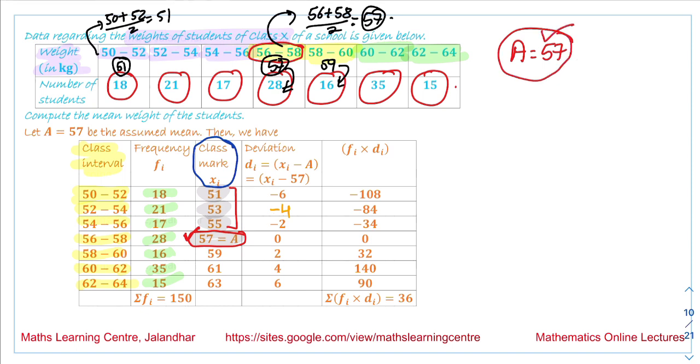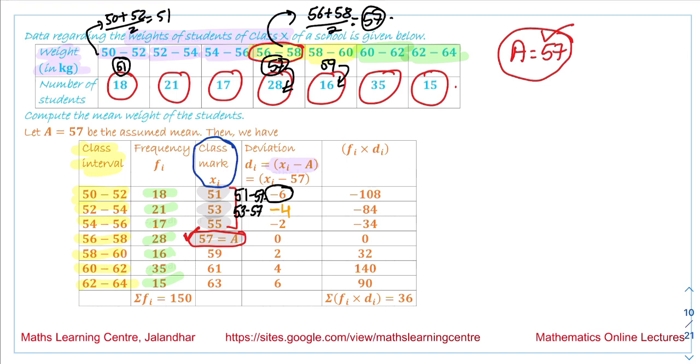The next step is to calculate the deviation di, and that is equal to xi minus a. So what is xi minus a? It is 51 minus 57, and the answer is minus 6. Next is 53 minus 57, and the answer is minus 4.